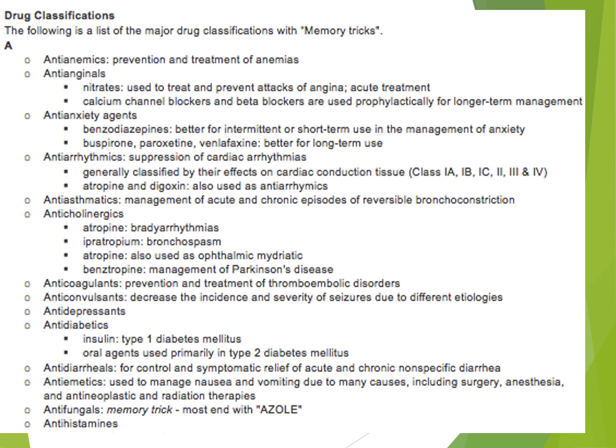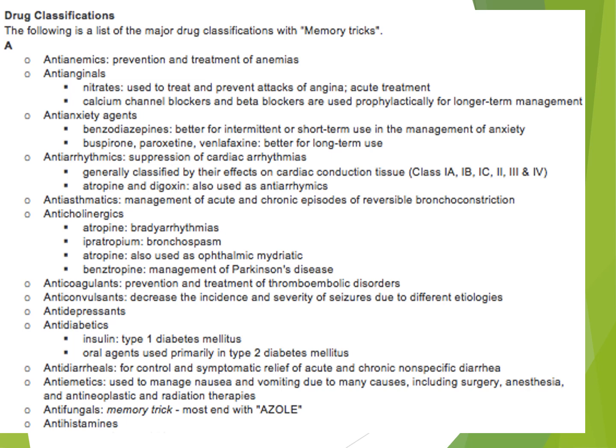So again, it's very important when you look at medications to know their drug classifications because they help you figure out exactly what they are for, right? So for example, our anti-anginals, right? Against angina, against chest pain. Our nitrates, right, are used to treat and prevent attacks of angina. Acute treatment, our calcium channel blockers and beta blockers, those LOLs, are used prophylactically for long-term management, right?